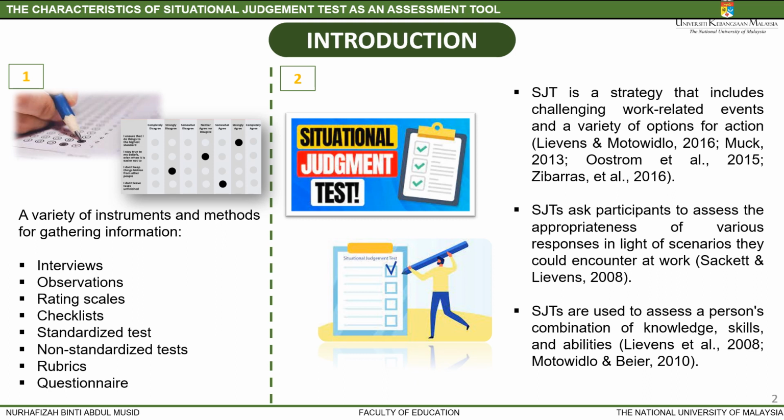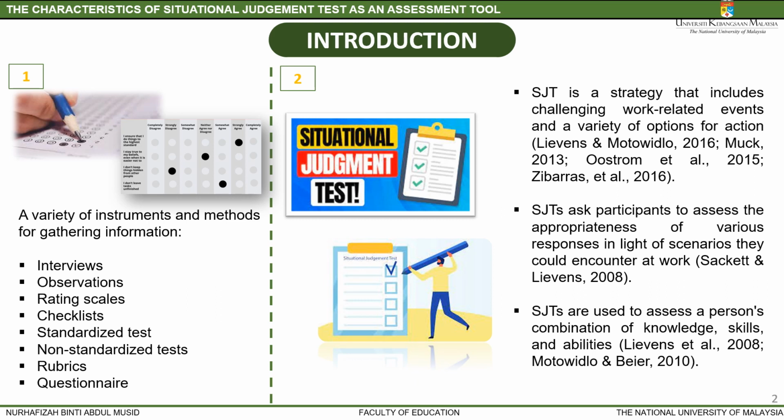SJT is an additional choice for evaluating performance on an individual level. SJT is a strategy that includes challenging work-related events and a variety of options for action. The respondent who completes the SJT selects the best response from a range of alternatives offered in situations that can be verbal, visual, or written. SJT offers a trustworthy and affordable tool for measuring non-academic qualities.